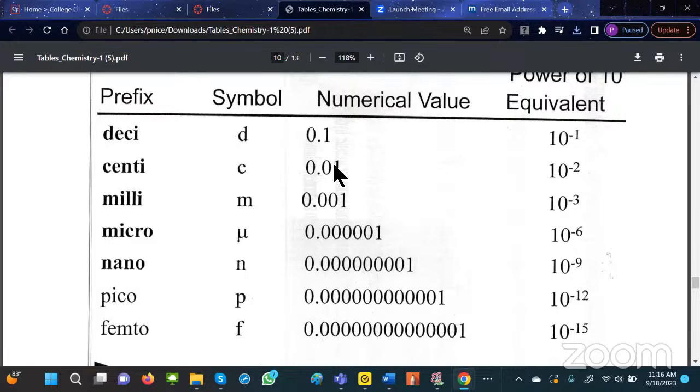And the reason why it's very convenient and versatile is because basically the difference between larger and smaller values is by a factor of 10. So for example, here you see the list, deci literally means 10 to the minus 1 or 0.1 of whatever the unit is. Centi means 0.01 or 10 to the minus 2. So for example, I can say that, let me do this here.